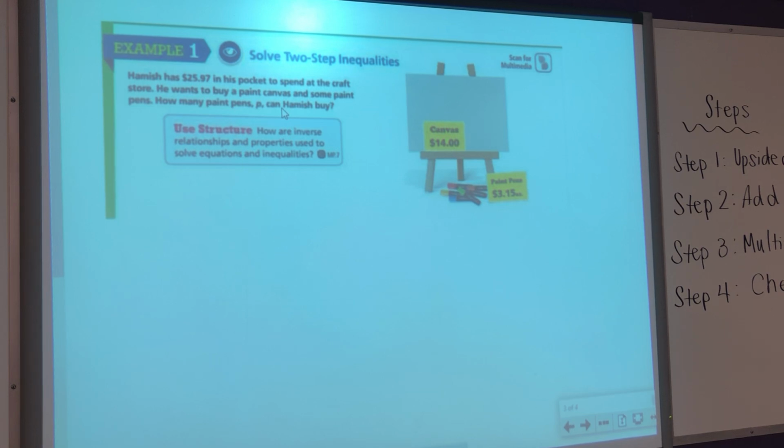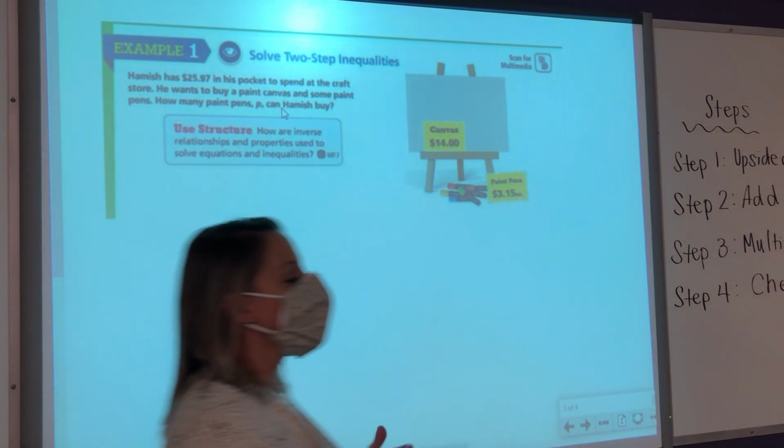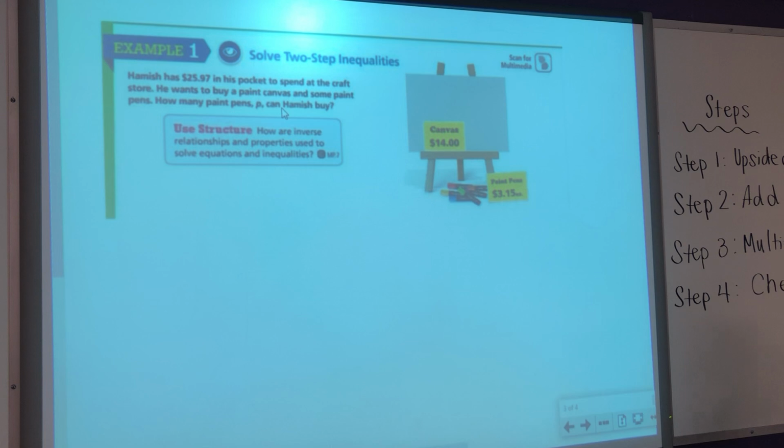So model and solve. We want to be able to write an inequality from a word problem and then solve it. So we need to think about our math keywords and how we're going to do that.